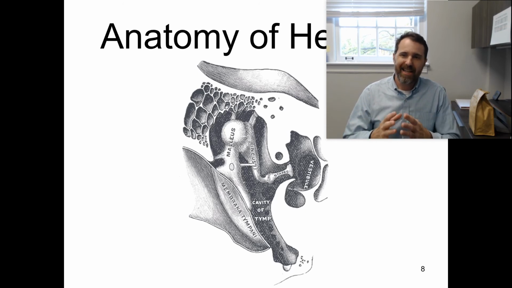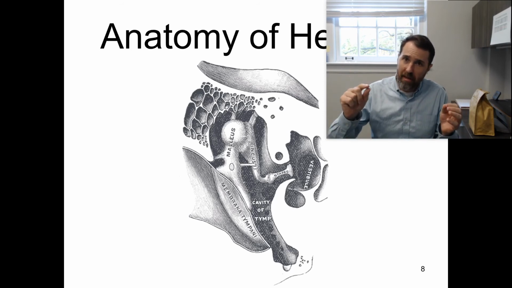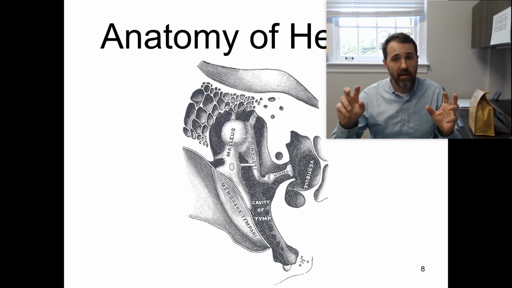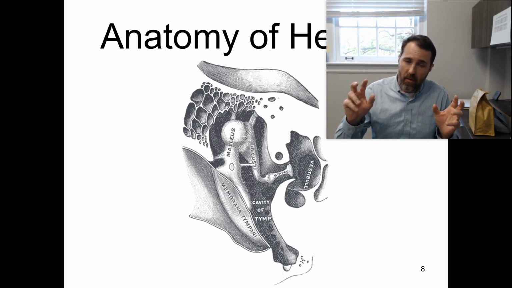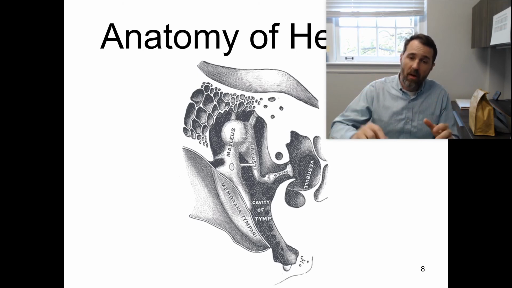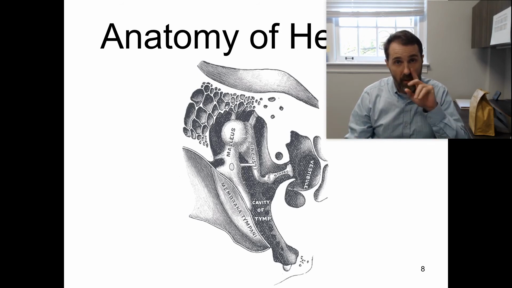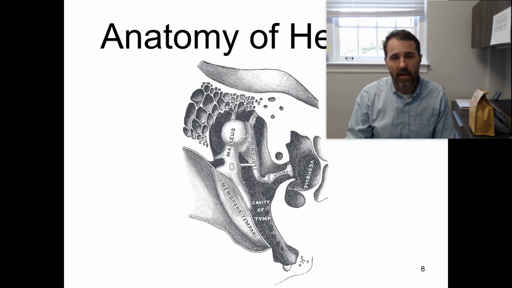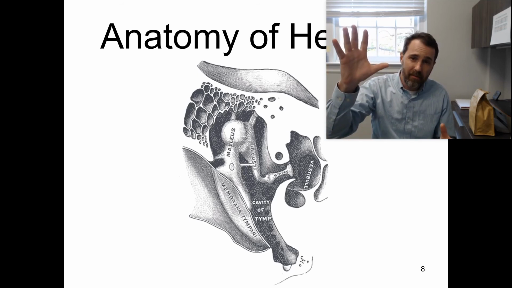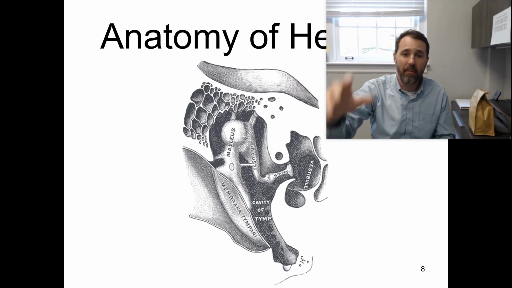So the ossicular chain has a mechanism to do this, in that it collects sound waves, which is a small amount of energy, over a relatively large surface area, which is your tympanic membrane. So there's a little bit of movement of a large surface area, which is the tympanic membrane.